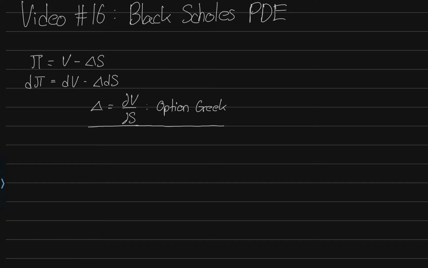So, for example, if I were to hold a delta amount of the underlying asset as well as one option or one financial derivative using that underlying asset in my portfolio, then I would essentially be risk neutral, right? So if my delta was, for example, 45, then if I held one financial derivative, then I would need 45 of those underlying financial assets shorted to construct a risk-free portfolio.